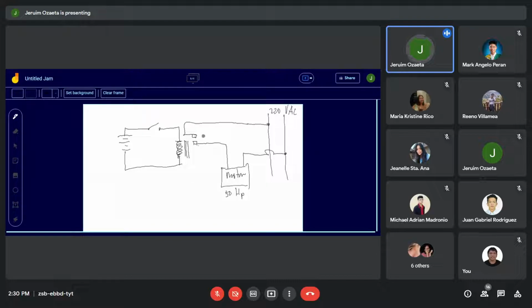So this, you call this a contactor. This is, of course, an integral part of the contactor, and this is an electromagnet. Okay. So when the current is applied, the electromagnet operates.